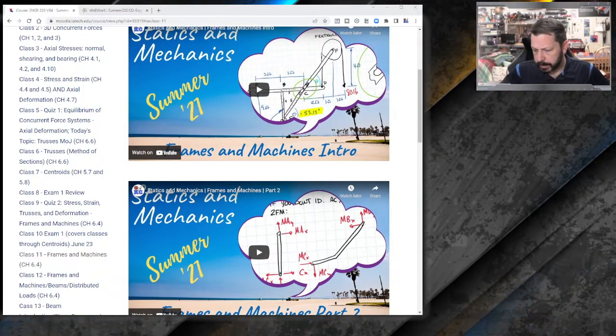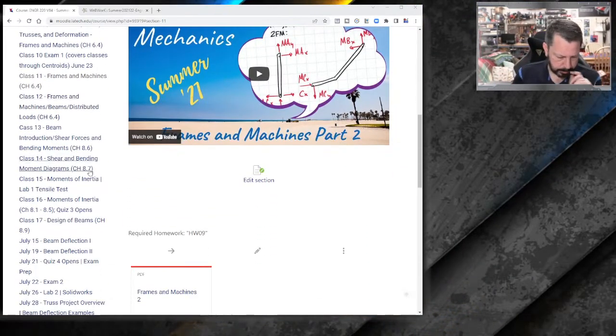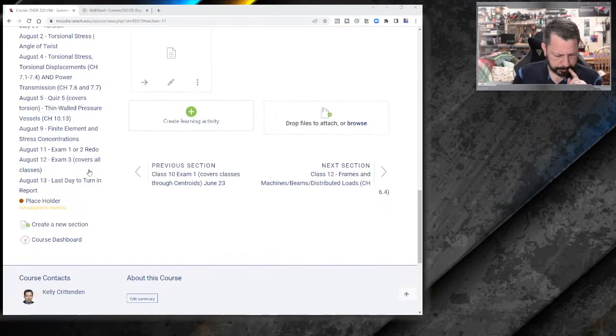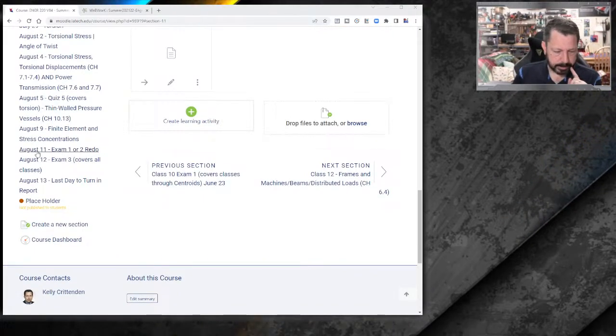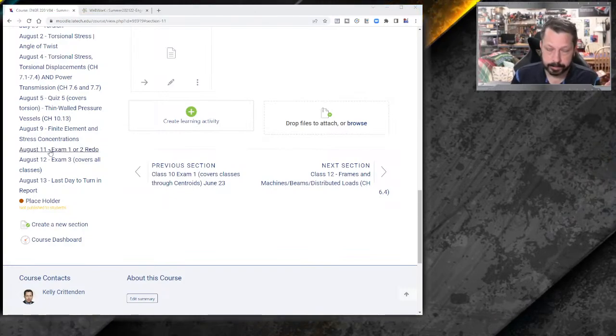There were also some questions about the retake. Some people looked ahead or read the syllabus. Maybe it's not even in the syllabus, I don't know. But right here, August 11th. And again, that date is probably last year's date, so it's probably like the 12th.